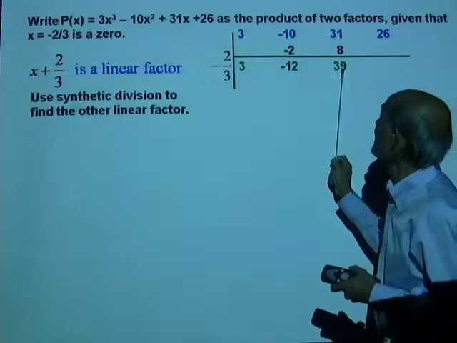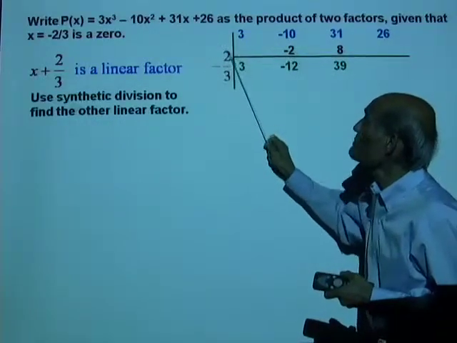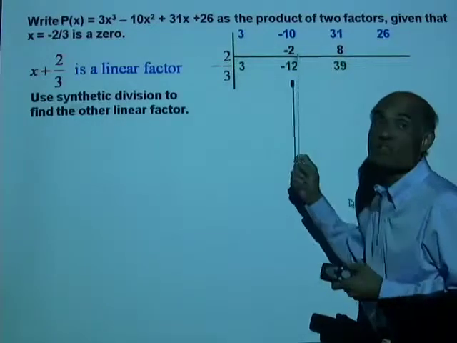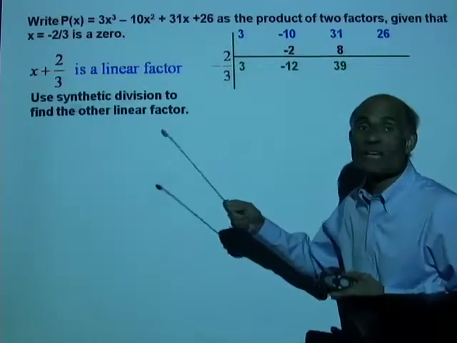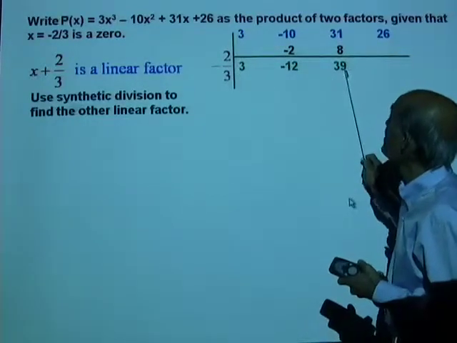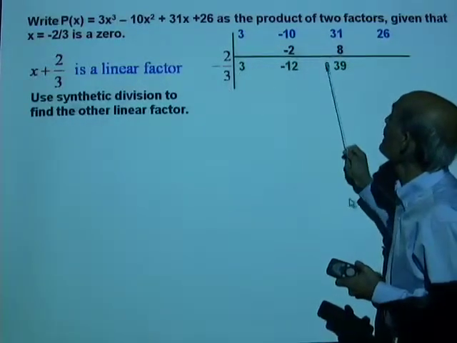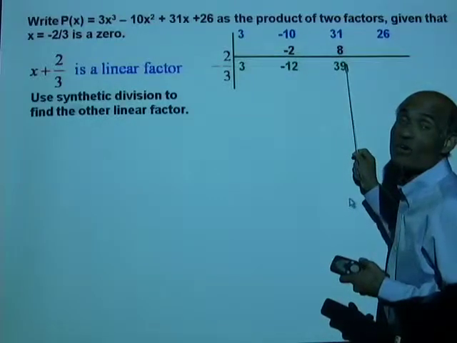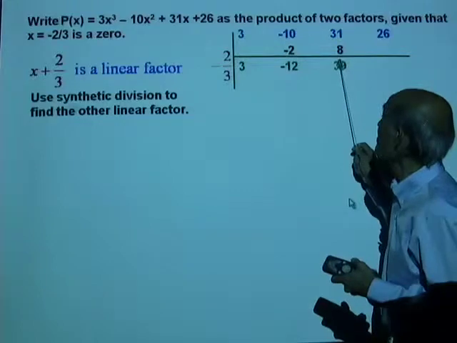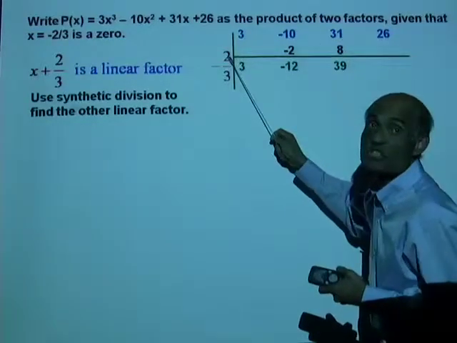Now multiply 39 by negative 2/3. Well, this is negative, that's positive, so the result will be negative. And when you multiply negative 2/3 with 39, 3 goes in 39. 3 times 13 is 39. So that will be 13 times 2 is 26.